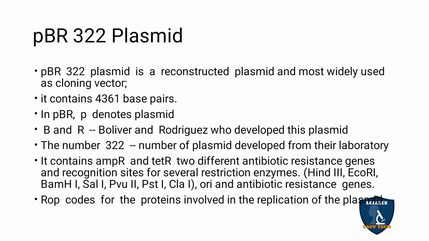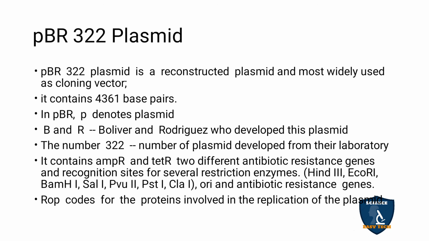And recognition sites for several restriction enzymes like HindIII, EcoRI, BamHI, SalI, PvuII, PstI, ClaI on the antibiotic resistance genes, and rop codes for the proteins involved in the replication of the plasmid. So, pBR322 plasmid is an important plasmid. They may ask in your 3 mark as well as in your 5 mark. It is a reconstructed plasmid and it is widely used as a cloning vector.